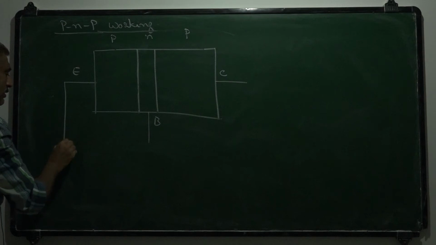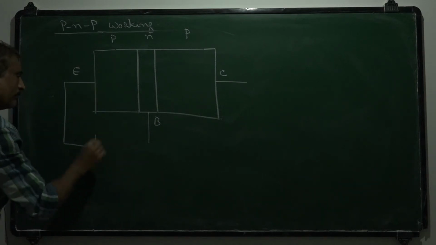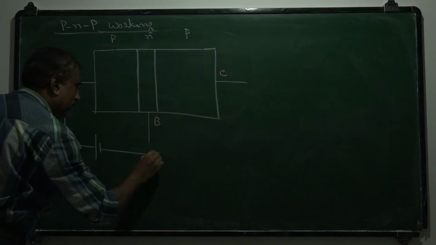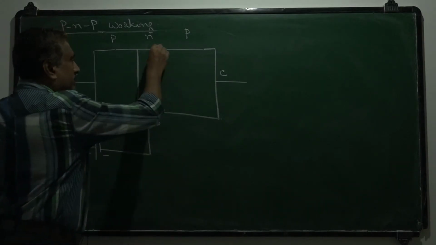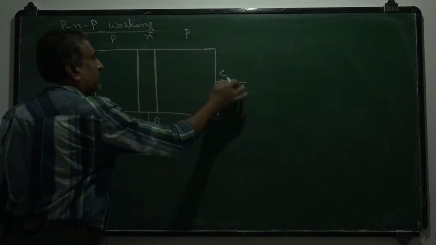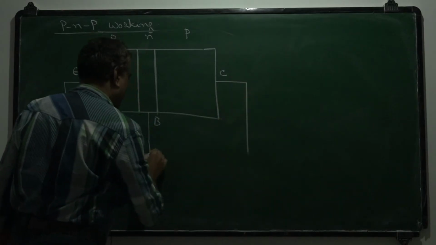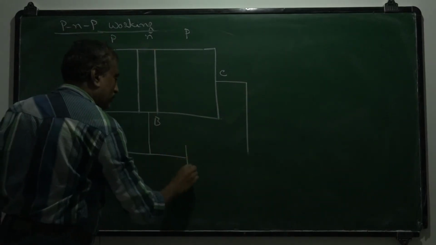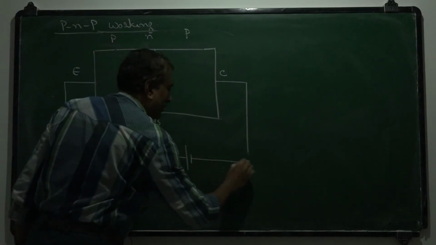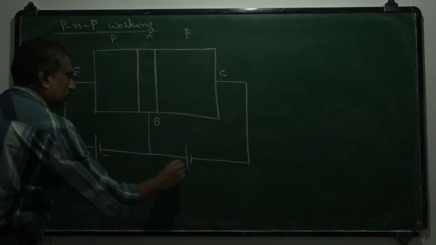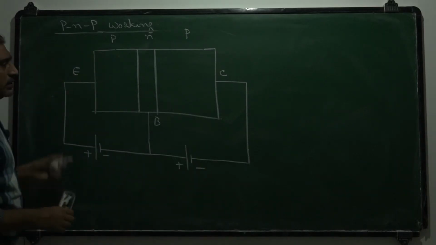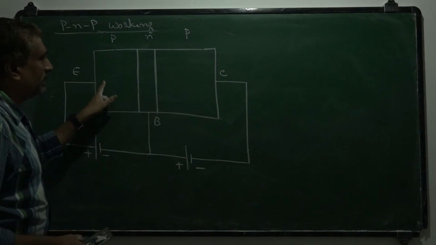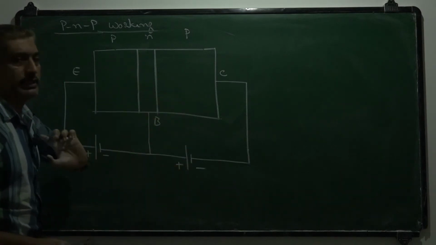For forward bias, we have to connect P type to the positive and N type to the negative terminal of the external battery, like this. Now the collector base junction is reverse biased, that means N is connected to positive and P is connected to negative, plus and minus. So the emitter junction is forward biased and the collector junction is reverse biased.